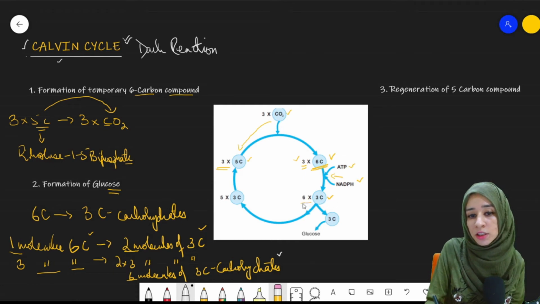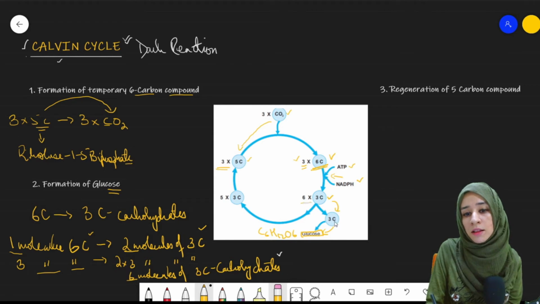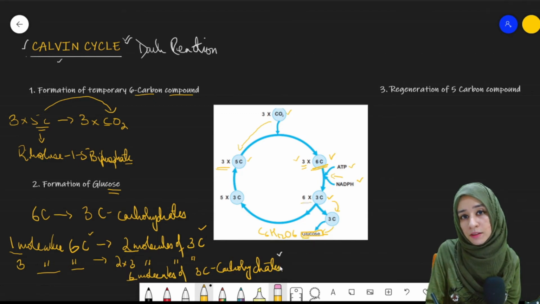From these 6 molecules, one 3-carbon carbohydrate will change into glucose, that is the sugar C6H12O6. One of the 3-carbon carbohydrates will result in the formation of glucose, which is C6H12O6.